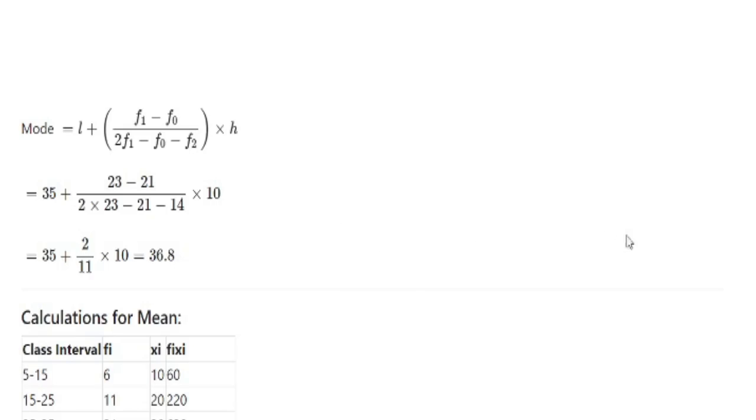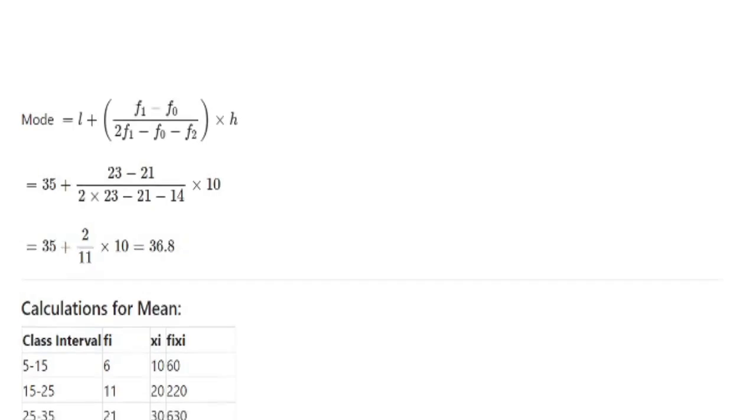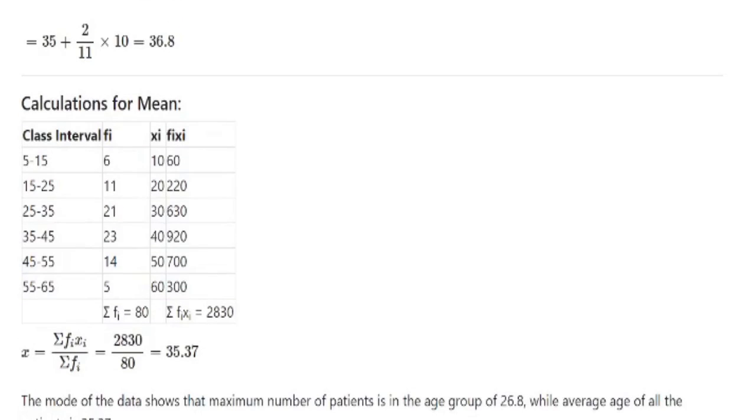Now we have to calculate the mean. For the calculation of the mean, we take the class interval, then the frequency, that is fi. Since class intervals are given, you calculate the class mark, that is xi, and then fi into xi.